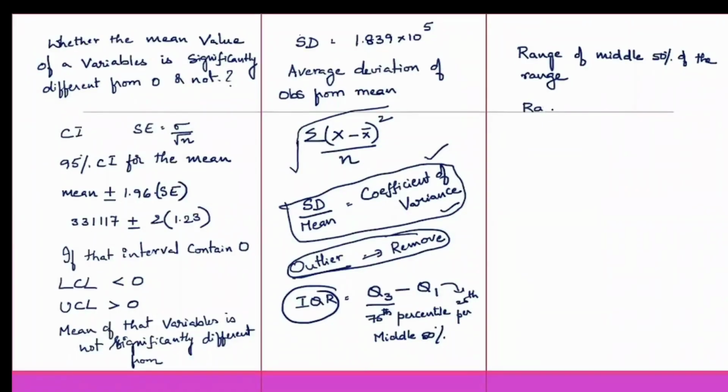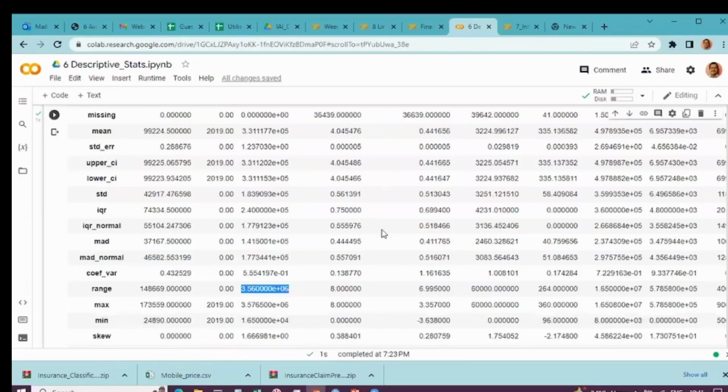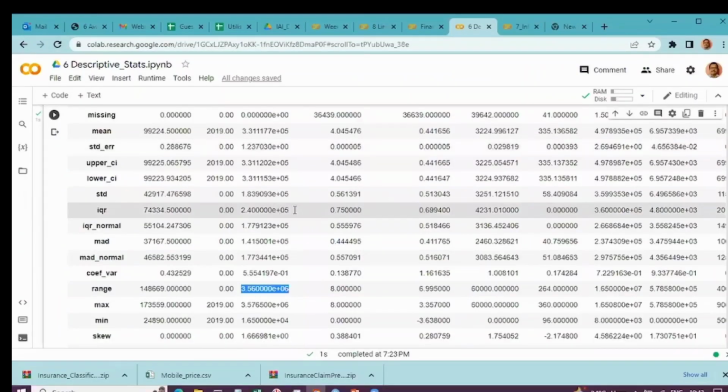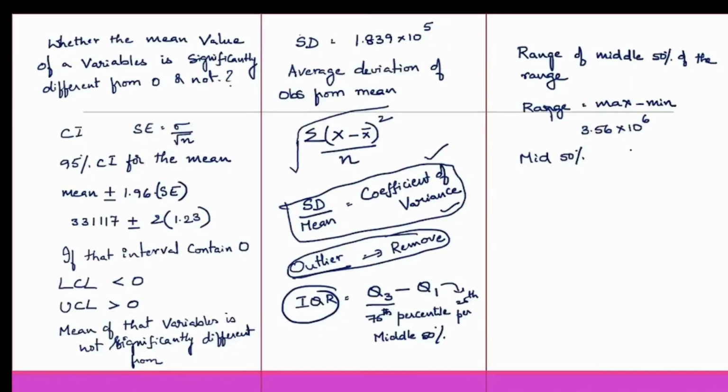So for the entire 100% of the data, the range is 3.56 into 10 to the power of 6. And for the mid 50% of the data, the range is the interquartile range, which is 2.4 into 10 to the power of 5.